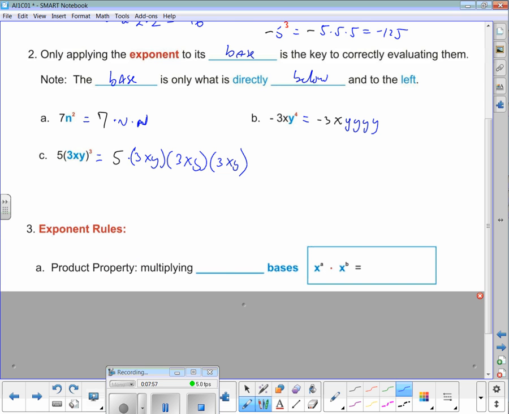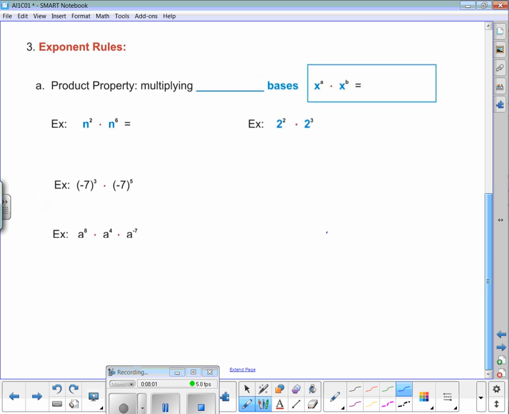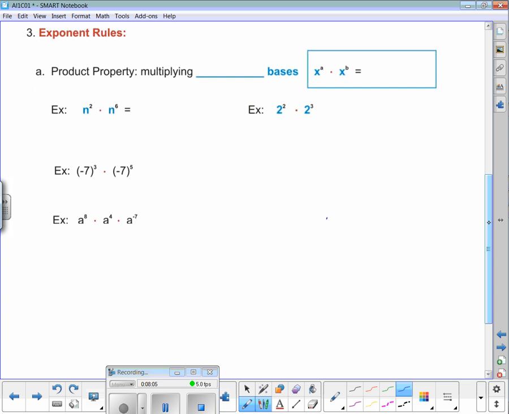So let's get down to the exponent rules. So we had this one all last year. And this property is for multiplying like bases. Multiplying like bases. And the property, the rule, is simply a time saver.